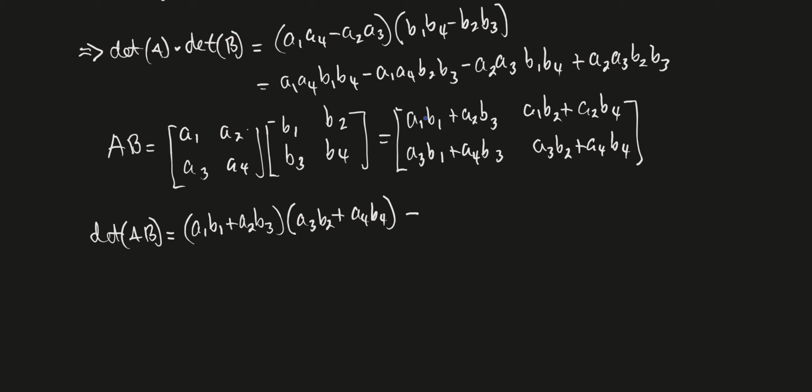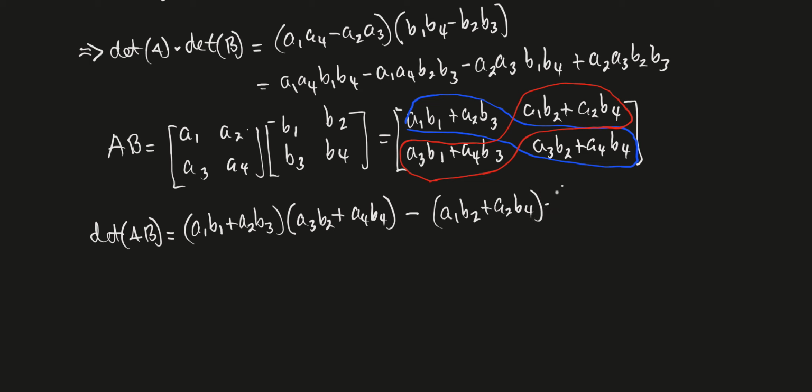We're applying our definition, and because they're binomials, we're going to have to FOIL things out and then take the difference. That's what we have to do to compute the determinant of a 2 by 2 matrix. So for the ones in red, I have the quantity A1 B2 plus A2 B4 times A3 B1 plus A4 B3. Now let's FOIL it out.